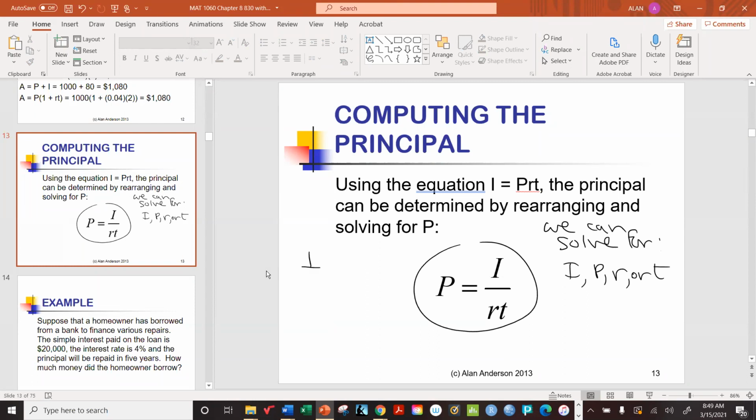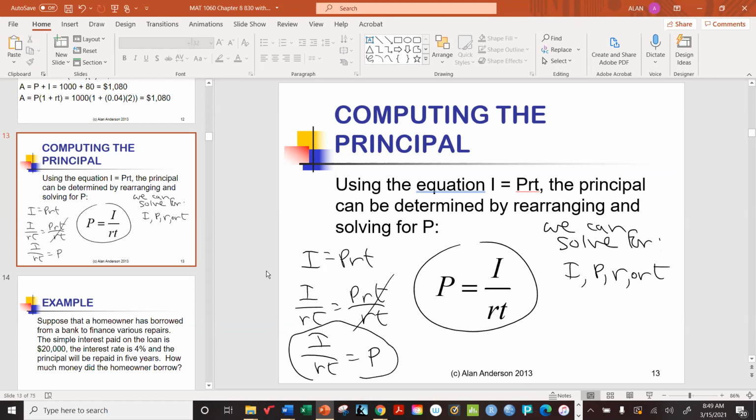So if you started with I equals PRT, and I need to know P, I'll divide both sides by RT. And then we'll end up here. That's how we do this. So in other words, you can actually get 4 different variables out of the same equation by rearranging it algebraically.